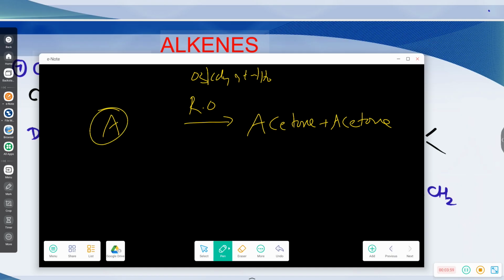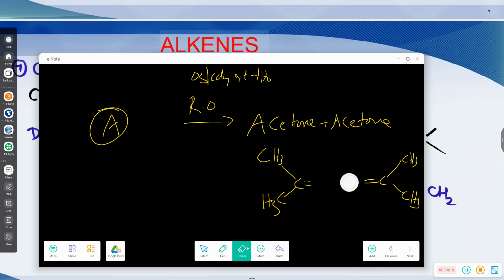You see, first what you have to do. Acetone means this one. Here also the double bond is in that. Same side you write. Understood? What you have to do? You break this one oxygen. Simple.